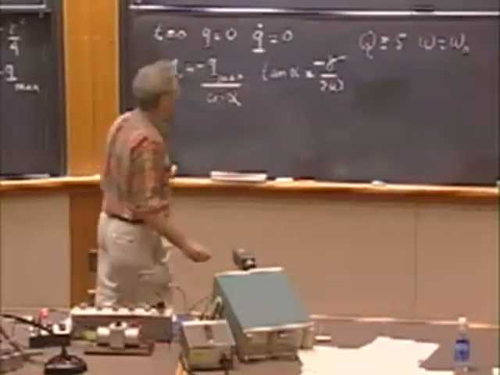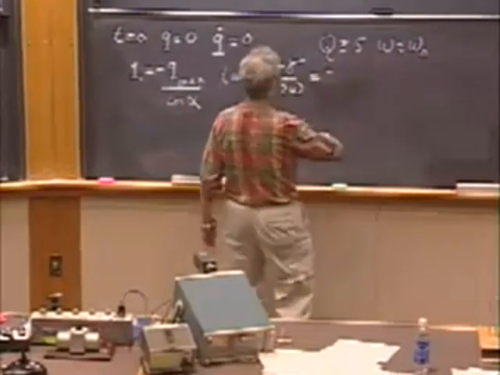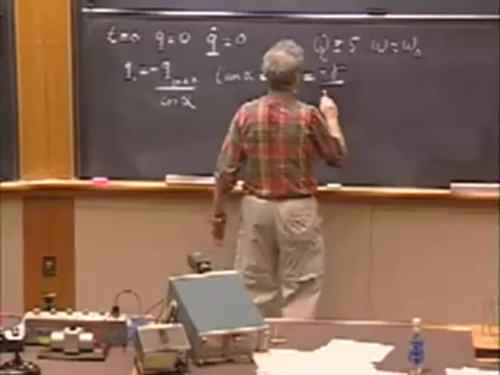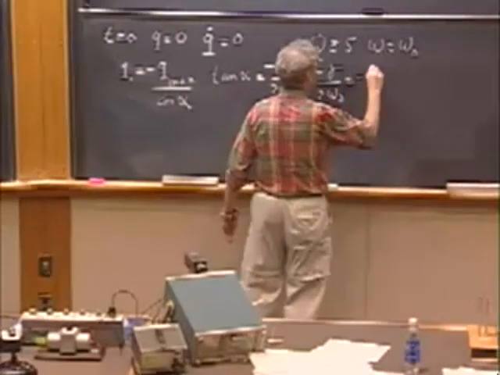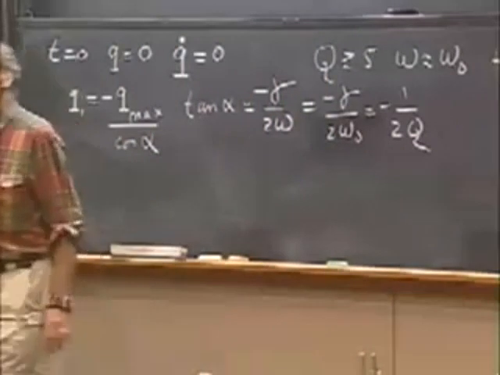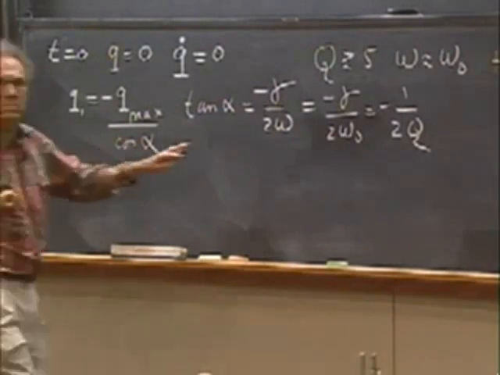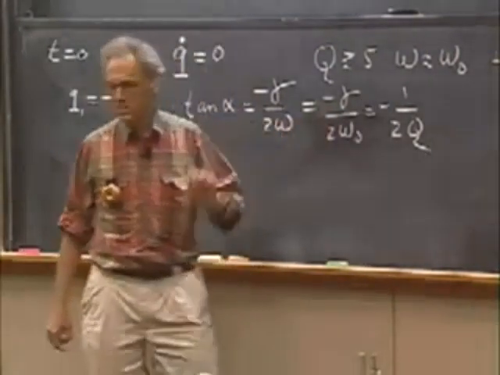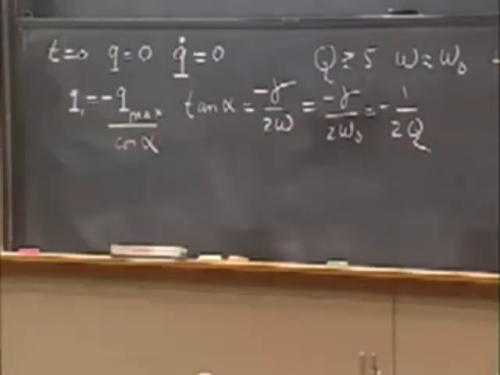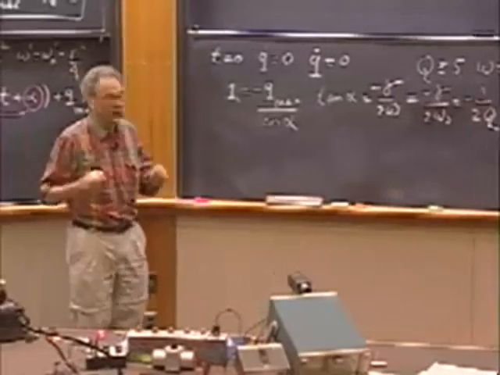So that means I can write for this minus gamma divided by 2 omega 0, which is minus 1 over 2Q. And if Q is 5 or larger, my goodness, this is 1/10. If we forget the minus sign now. So that means that alpha is only something like 5.7 degrees with a minus sign.